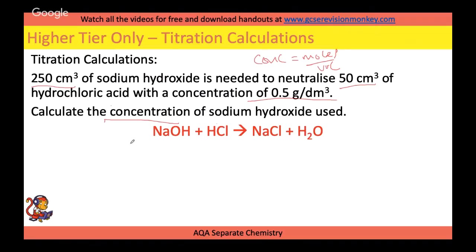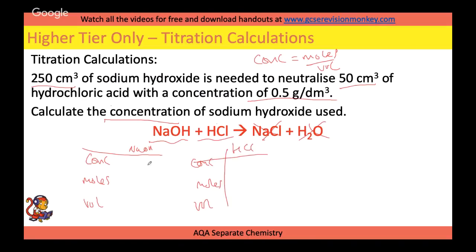So what I'd recommend you do is do a table again. Again, we're looking at the acid and the alkali, so we don't need to worry about those two. So concentration, moles, volume for the alkali, NaOH, and concentration, moles, volume for the acid, HCl.